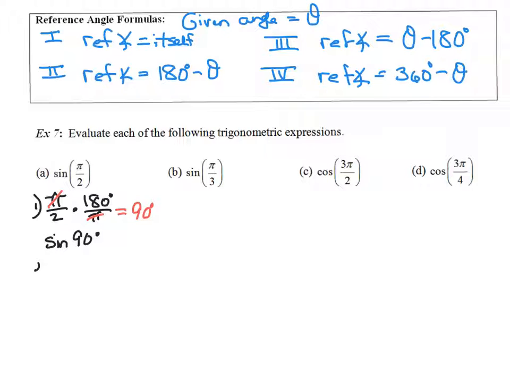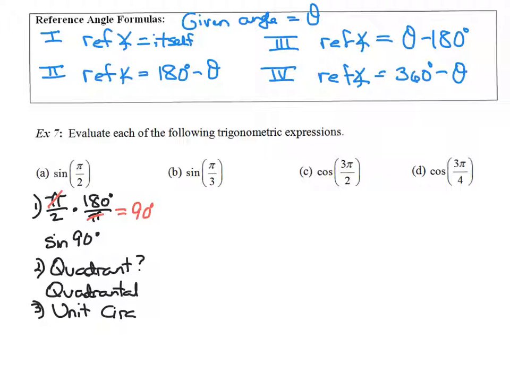Now the second thing that I want to think about is what quadrant my angle is in. This answer, this 90 degrees, happens to be a quadrantal angle, so it's not in any one quadrant. So in this case, to evaluate it, I am going to use my unit circle.